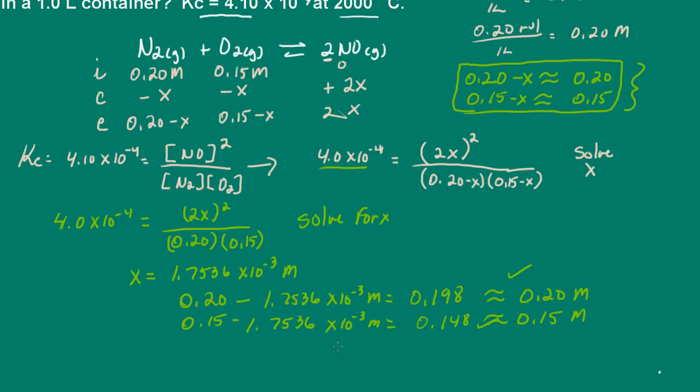That's good. We could have also used the 5% rule. And basically what we would do is we would take our X, so 1.7536 times 10 to the negative 3 divided by, I'll divide it by the 0.15 because that's the lower concentration, multiply by 100, and if this is less than 5%, that means our assumption was valid.